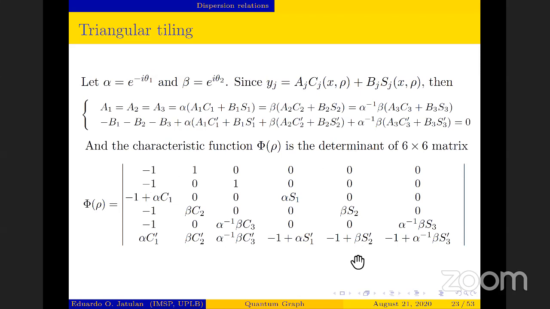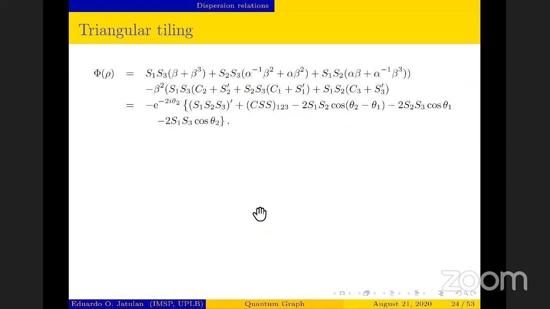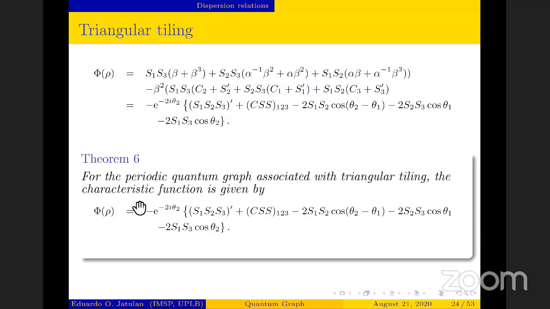So all you have to do is simply get the determinant of this one. Again, the triangular case is the simplest one, so we only have a 6 by 6 matrix. The most complicated one will have a 36 by 36 matrix. So I think I'll just move to this one.